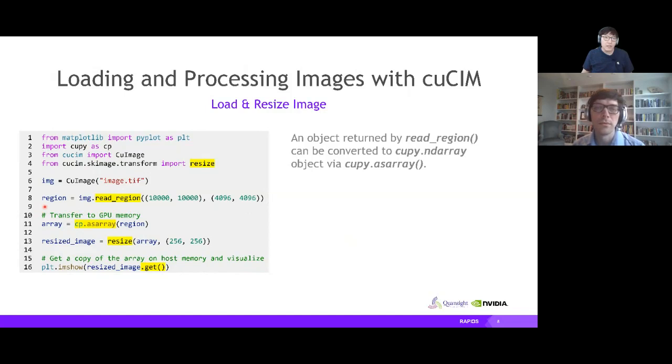Since the object returned by read region supports array interface, it can be transferred to GPU memory by using the cupy.asarray method. And then we are calling the resize function, which is one of the transform functions in cuCIM. If you want to plot that, we need to use get or cupy.asnumpy method to transfer this back to the host for visualization.